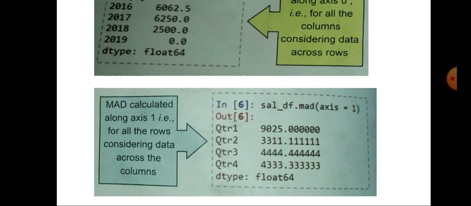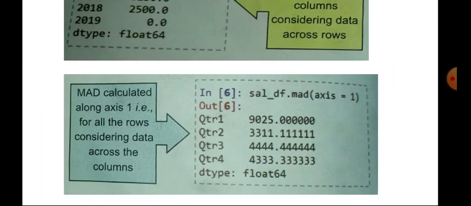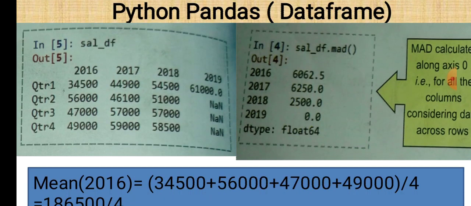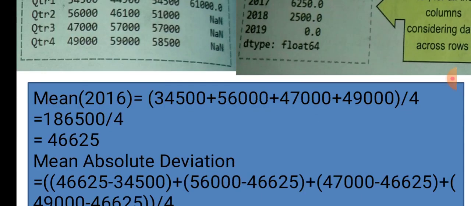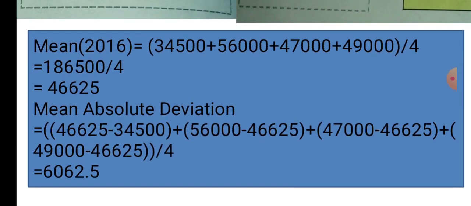And if you give sl_df.mad with axis equal to 1, then it will be calculated along axis equal to 1. Here is the example of how to find out the mean absolute deviation, MAD.